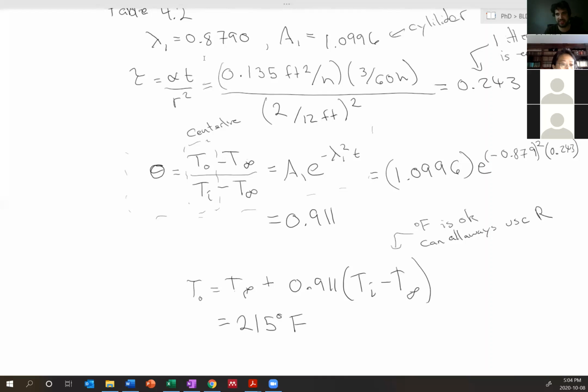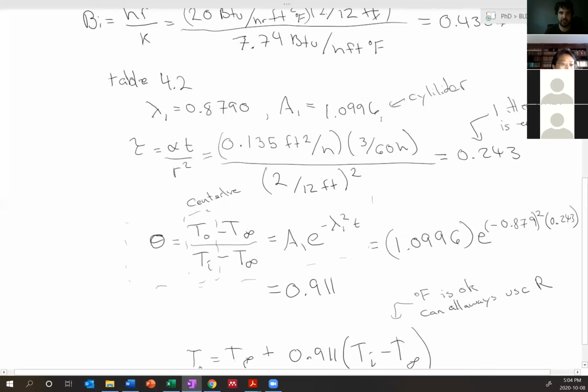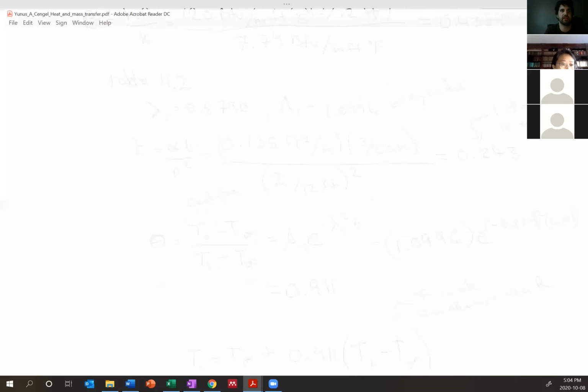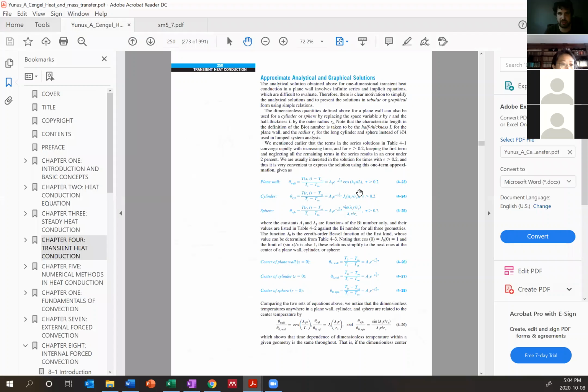Okay. Just one question. Why do we go to the table for eigenvalue and area? So you're referring to these? Yes. Yeah, so let's see if I can bring up the textbook.